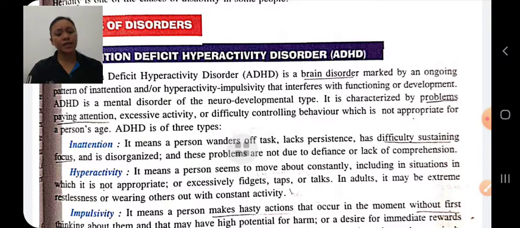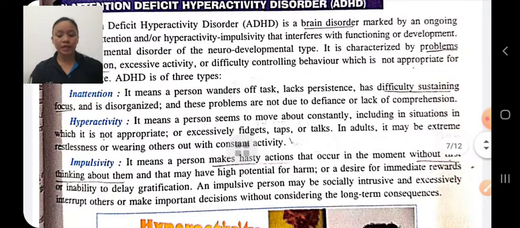He will become careless and make many mistakes. The types of this disorder are inattention, hyperactivity, and impulsivity. These are the three types of attention deficit hyperactivity disorder.